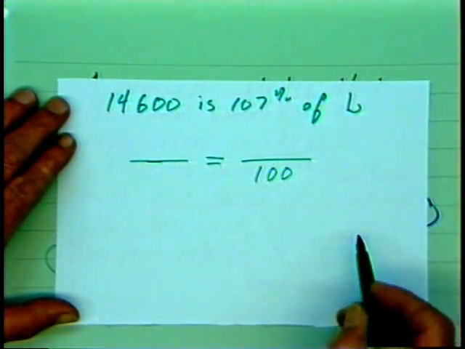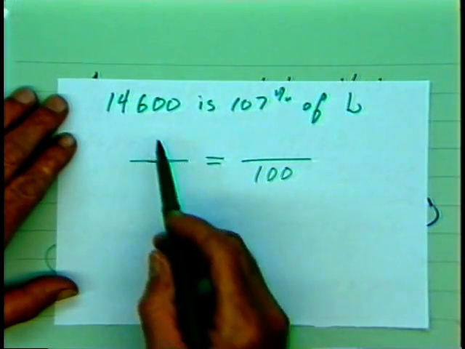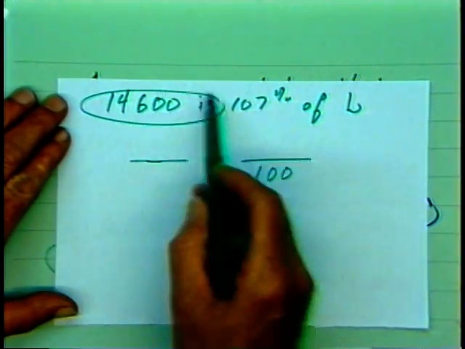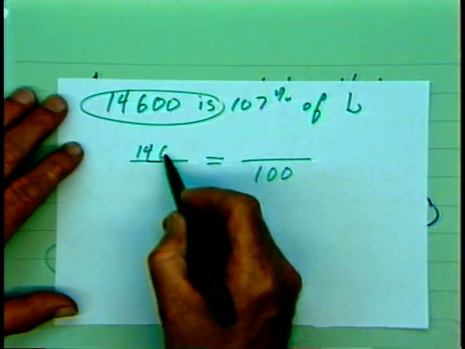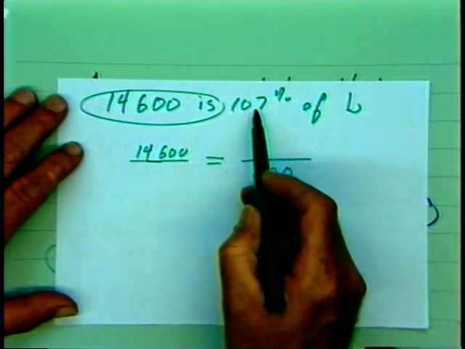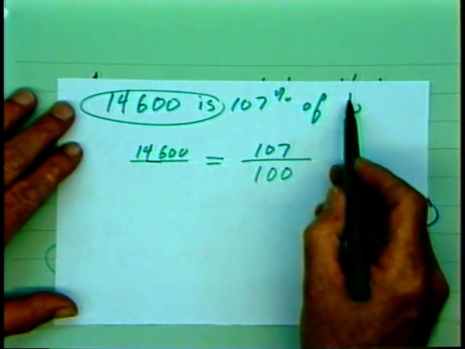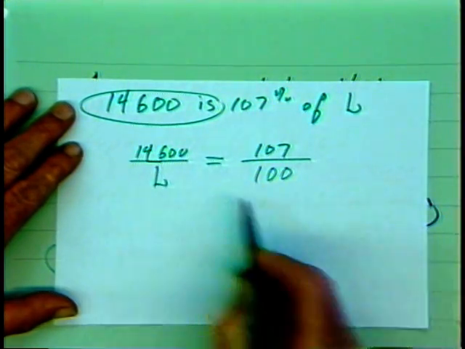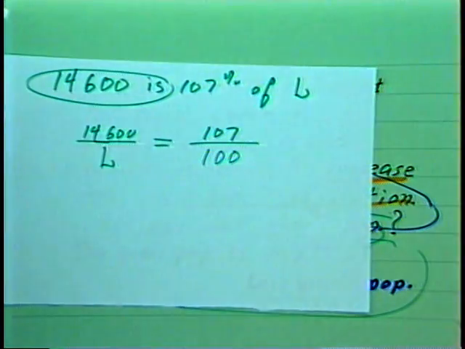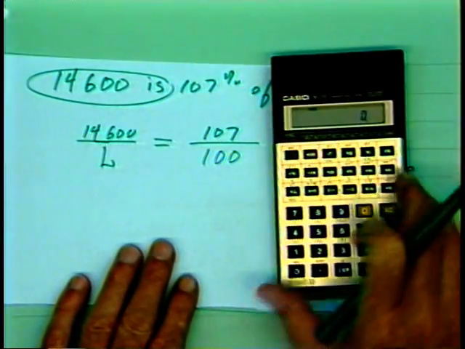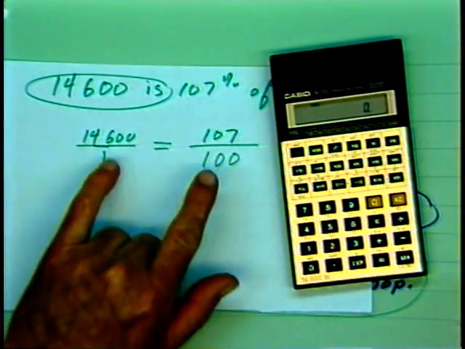If we're using the is of relationship, we see that 14,600 is attached to the is, 107 is attached to the percent, and L is attached to the of, which I don't know. Now, either by calculator or by hand, we simply solve this proportion.